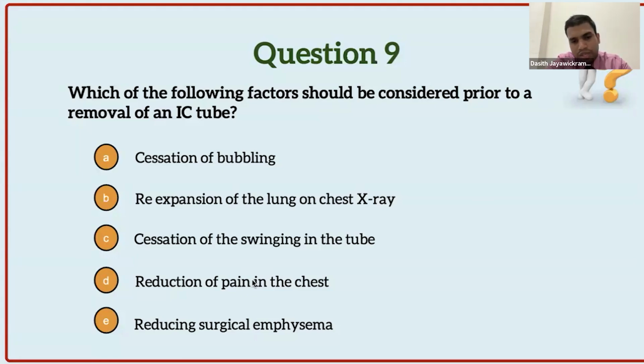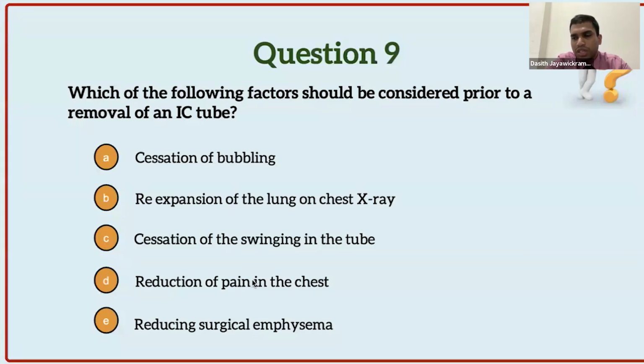Reduction of the pain in the chest: no, that is not an indication for removal. The patient might be having chest pain due to other conditions, so reduction of pain is not an indication. That is false. Reducing surgical emphysema: if surgical emphysema has already occurred, it will take days to reduce.